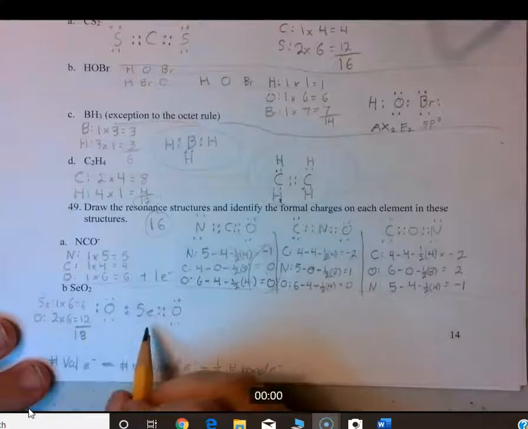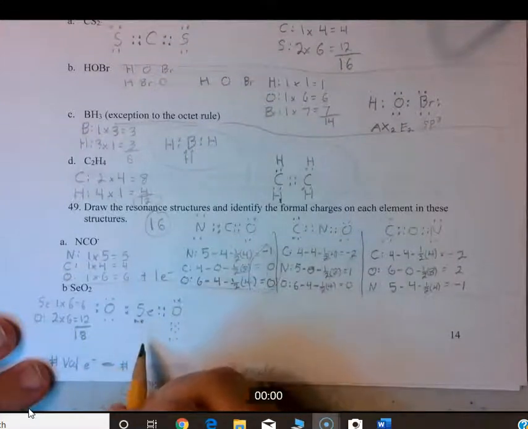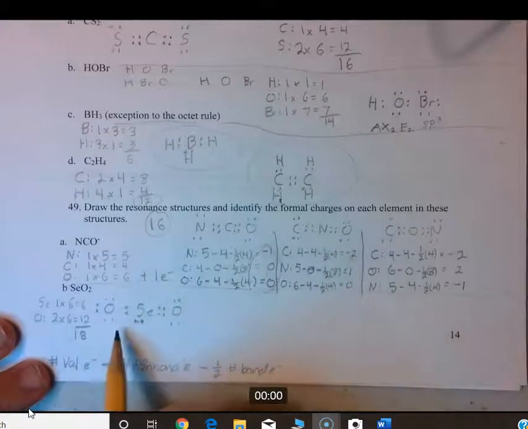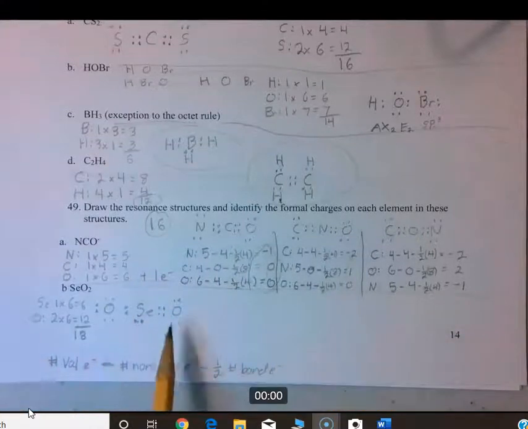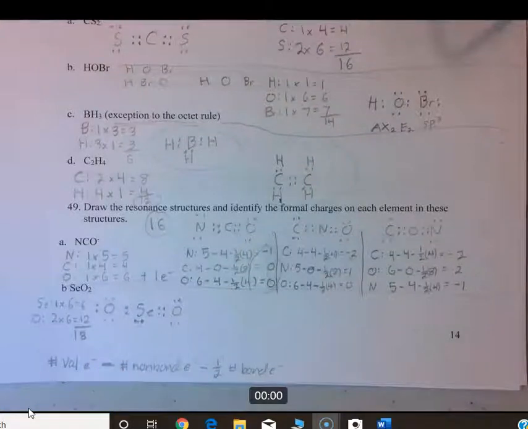I have 16 now. I need 2 more, so I'm just going to go ahead and put those right here. And does everyone have an octet? It looks like it right there. And we've used 16, 8, 8, 16, 18. Okay, so it's got 1 double bond and 1 that is not a double bond.